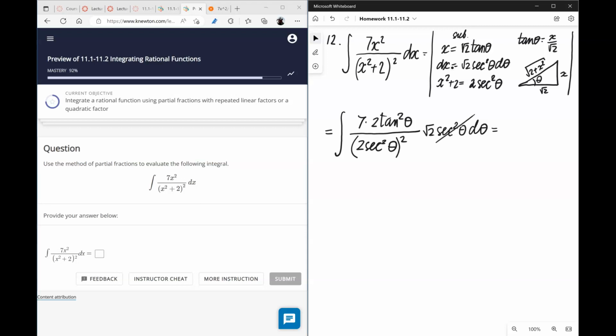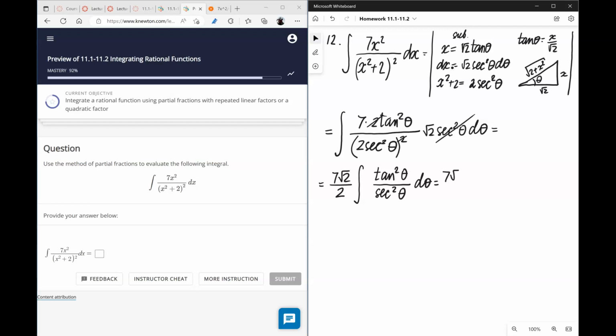Secant squared cancels. We also need to cancel this 2, and in order to match this, canceling this 2. So what we have now outside is going to be 7 rad 2 over 2. Inside we still have tangent squared theta divided by secant squared theta d theta.